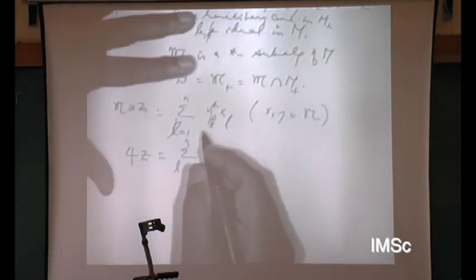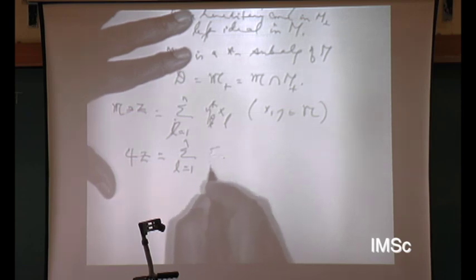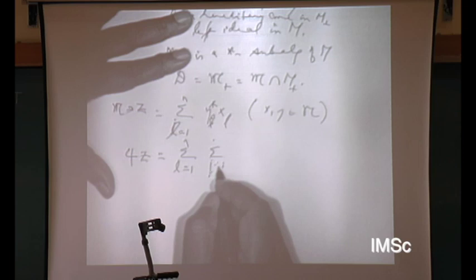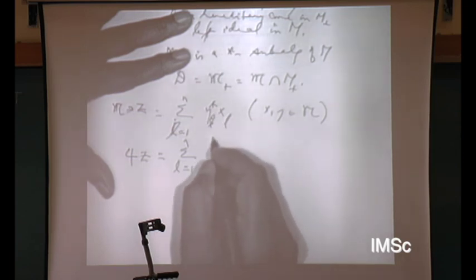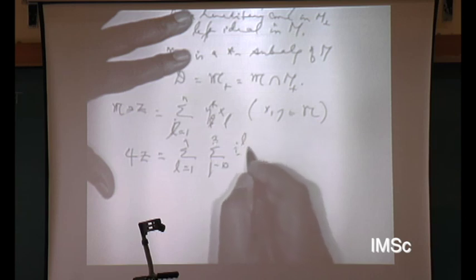What does that mean? That means I can write this as summation j equals 0 to 3, i to the power j.